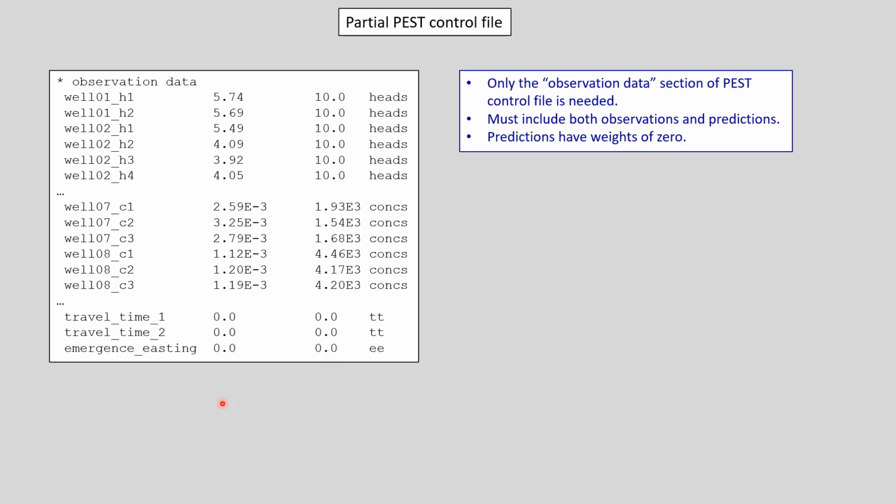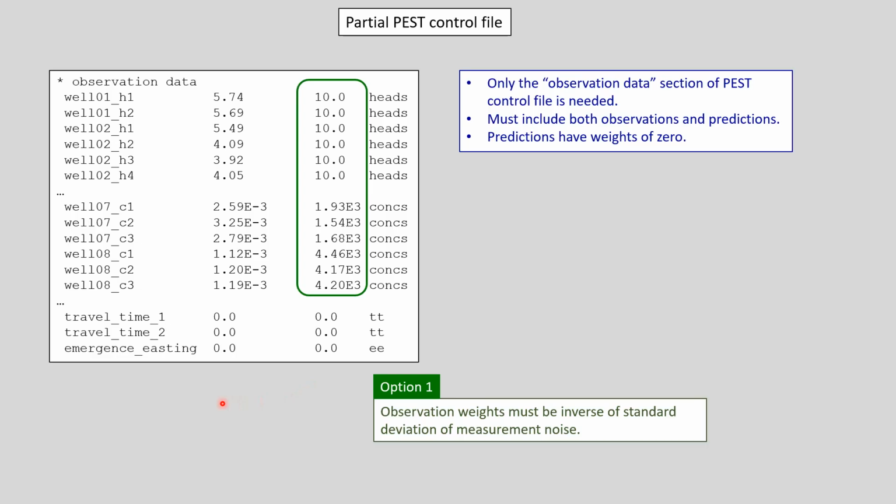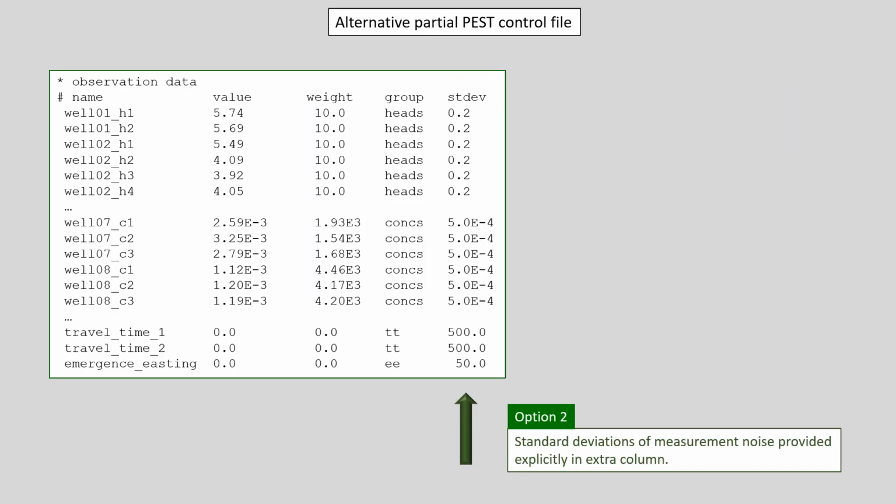Now there are two options available here. In option 1, the observation weights should be the inverse of the standard deviation of measurement noise. However, more flexibility than this is allowed. In option 2, we can actually provide the standard deviations of measurement noise.